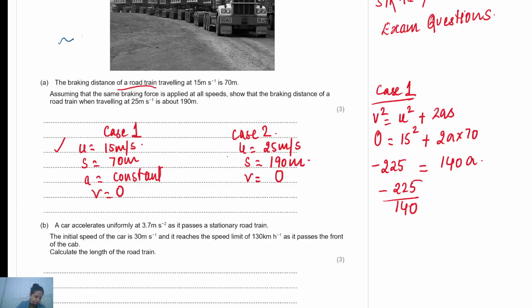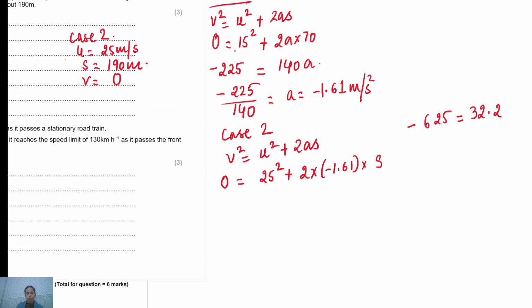Minus 625 equals 2 times 1.61, which is 3.22, times s, so minus 3.22 s.